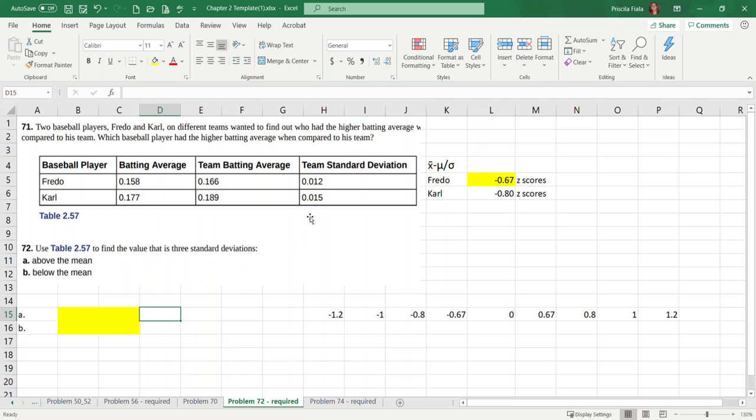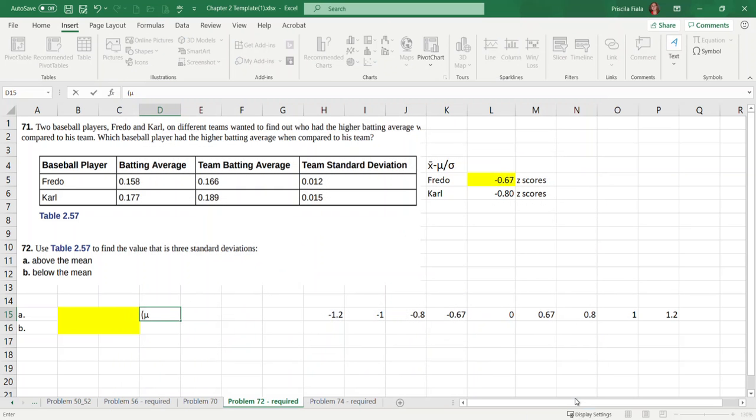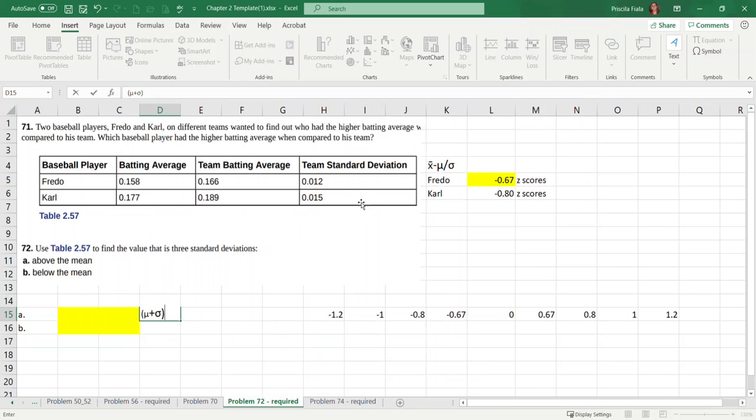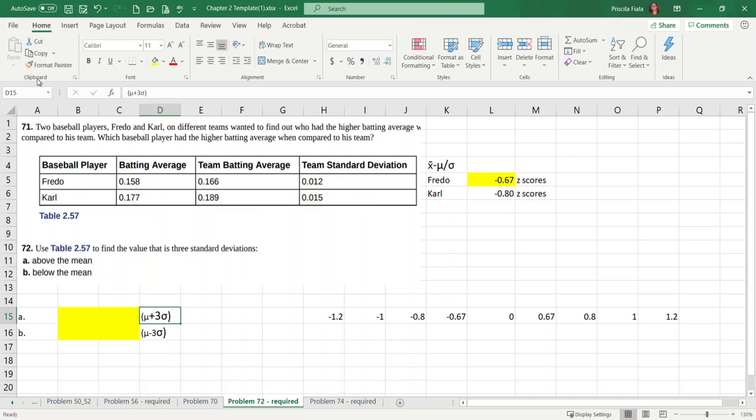The formula you're going to be using is the mean of the population plus my standard deviation, and here it's going to be minus. However, to find 3 standard deviations, we're going to multiply this by 3, and then multiply this by 3.